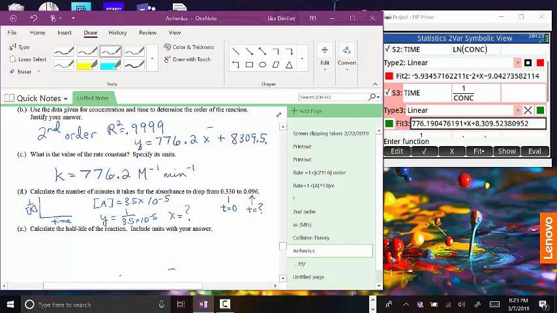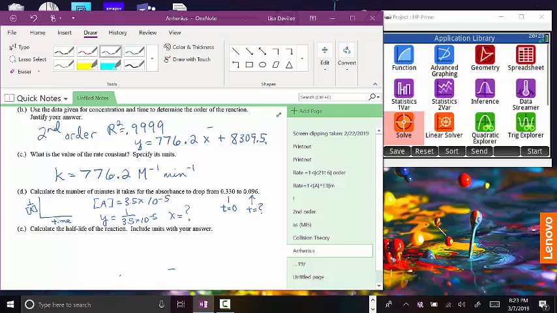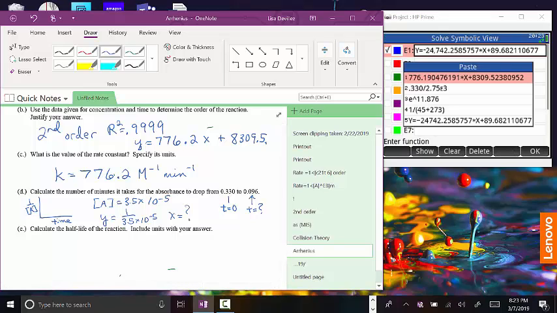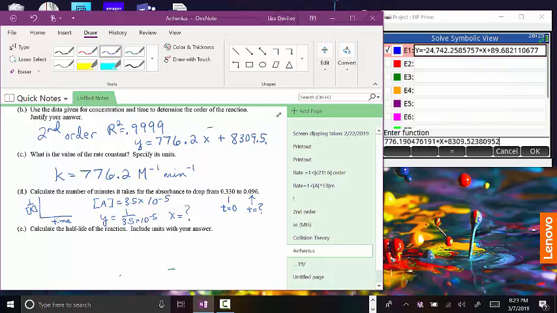So I'm going to copy my equation to the solver, paste, equals.